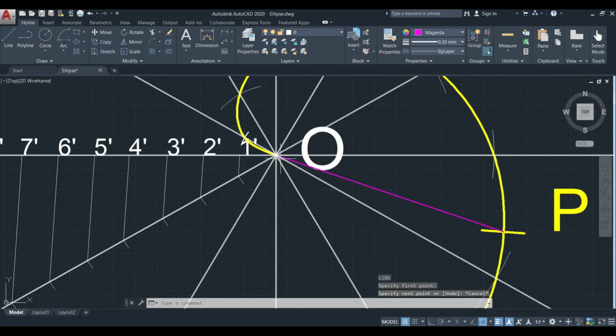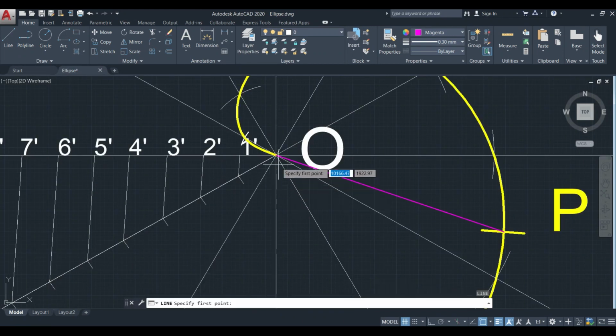So here we have to draw a straight line connecting the center point O with the distance of 7.96 or 8 mm approximately, with an included angle with the line OP of 90 degrees.